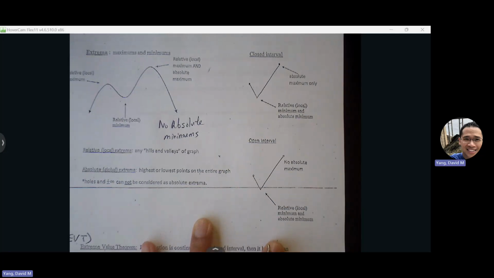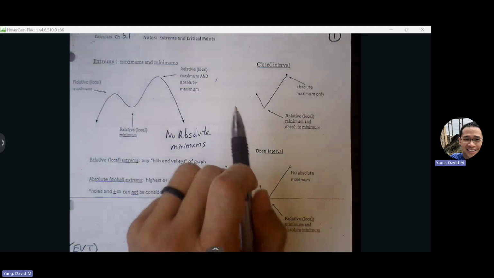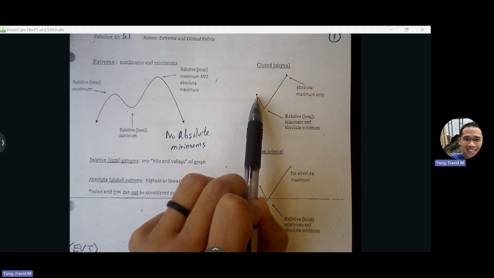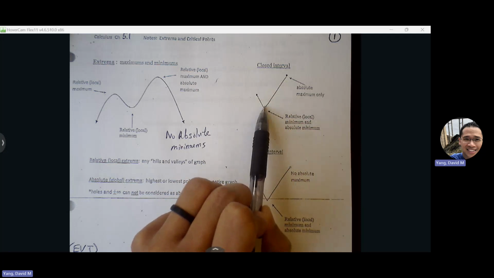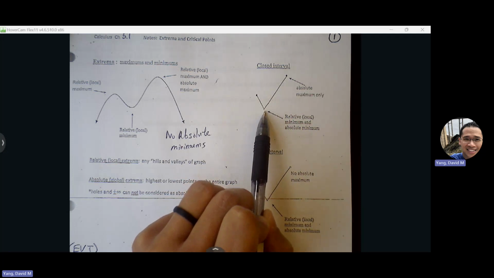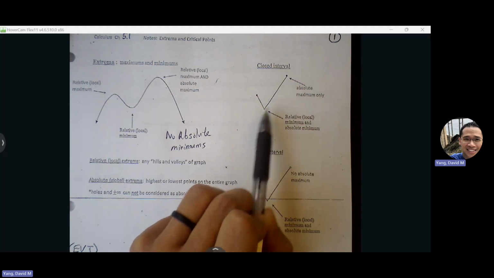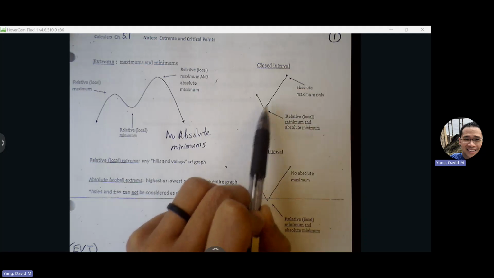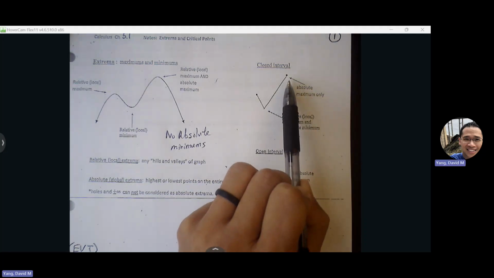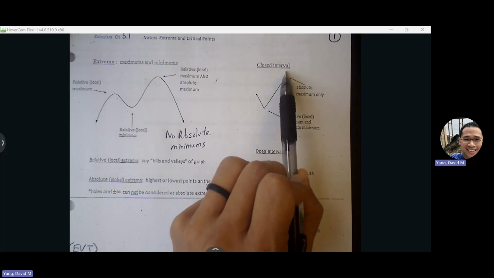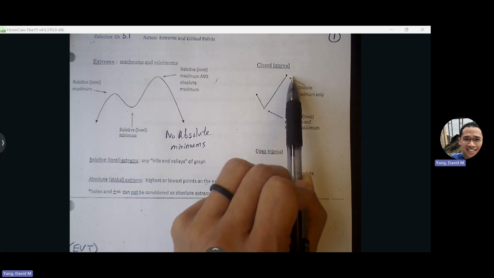Now if I have a closed interval here, let's say we have endpoints instead of arrows. In this case, this point would be considered a relative minimum because it's the valley of a graph. It's also the absolute minimum because over the entirety of the graph, this is the lowest point. Here, this is the absolute maximum because it's the highest point overall, but it's not what we call a relative maximum.